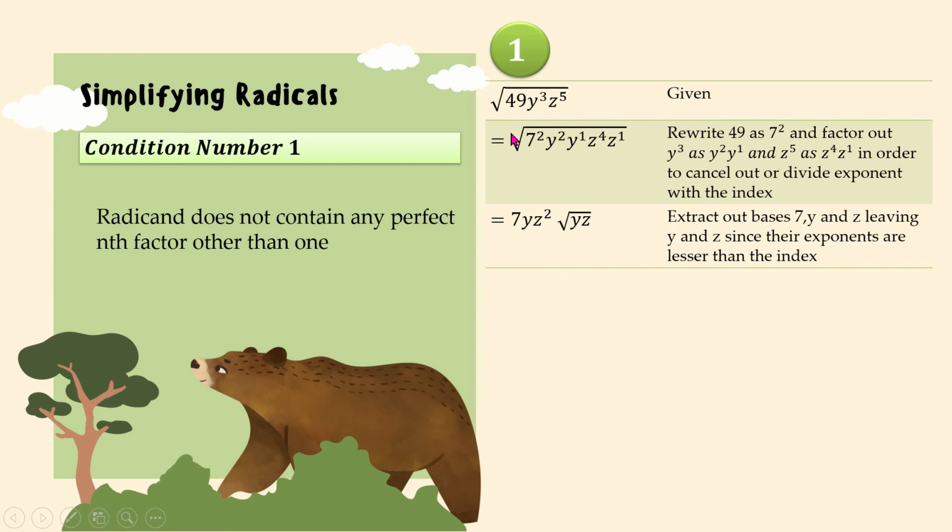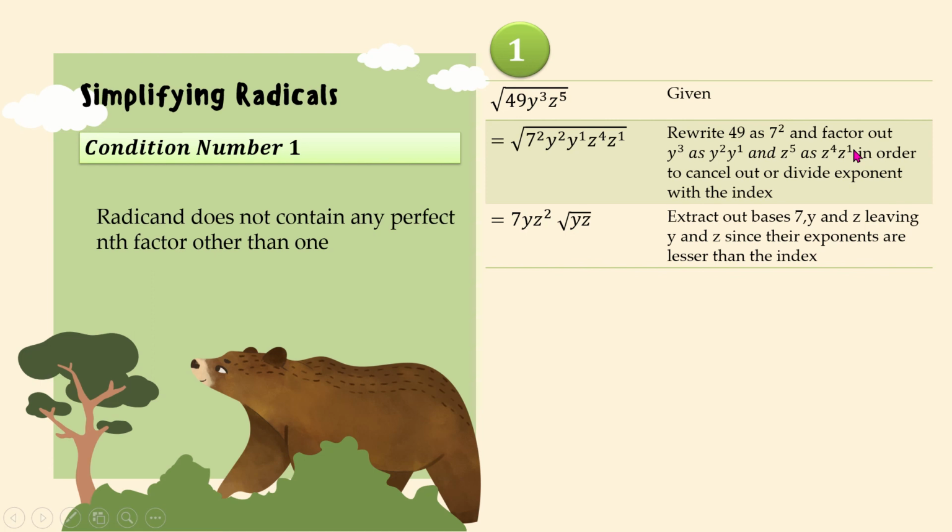Imaginary 2, imaginary 2. So rewrite 49 as 7 square and factor out y cubed as y square times y1, and z exponent 5 can be factored out as z exponent 4, z exponent 1. Ano dili man pwede sir nga z square, z1? Pwede ra gihapon, o dyan problema.